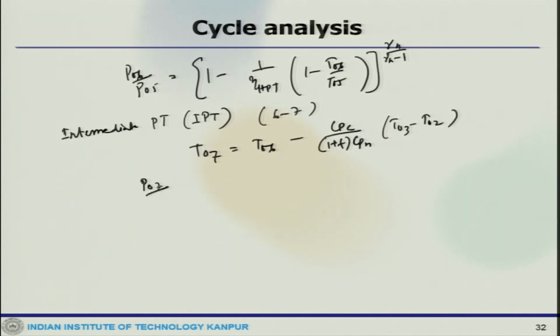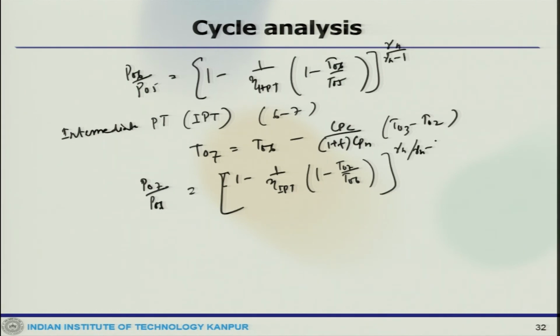So we get the pressure ratio P07 by P06 equals 1 minus 1 by eta IPT, T07 by T06, to the power gamma H by gamma H minus 1. From here we get P07, and from here we get P06.